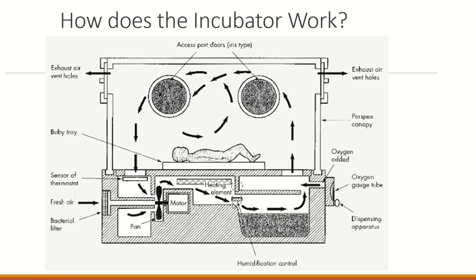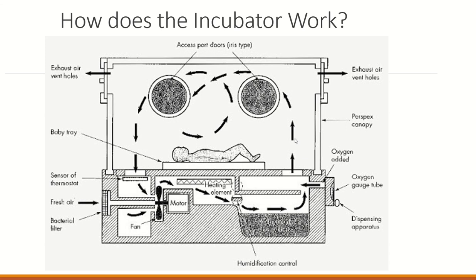Then the air continues its circulation, and it will merge with some oxygen that comes from here, and then it enters the baby's chamber. Now, given that it was heated here, it enters as hot air.